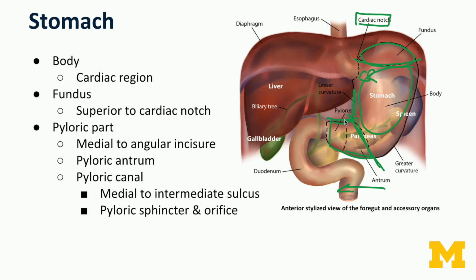That pyloric canal is medial to that intermediate sulcus there, and it houses a pyloric sphincter. So a sphincter is an area of robust, smooth muscle that keeps the lumen occluded.